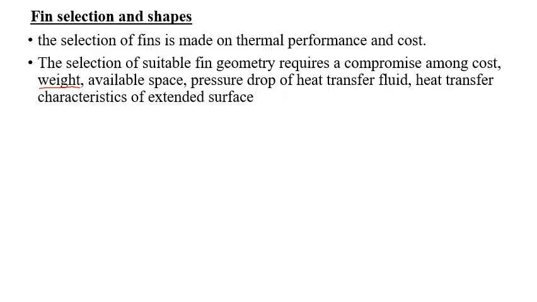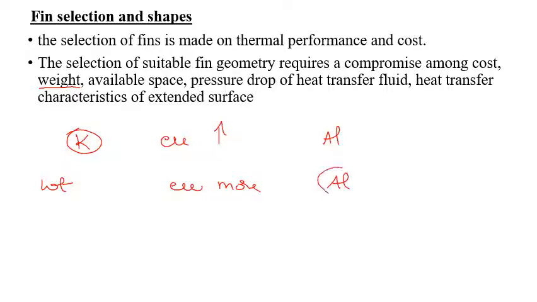As a thermal engineer, I may say the k value of copper is greater than that of aluminum, because copper has higher thermal conductivity, so you go with copper. But from the weight point of view, copper weighs more than aluminum. Aluminum is lighter, so from the weight point of view I may not prefer copper; I may go with aluminum.